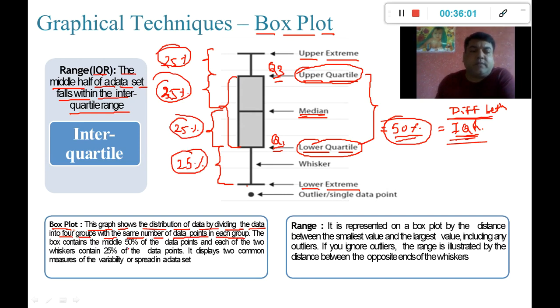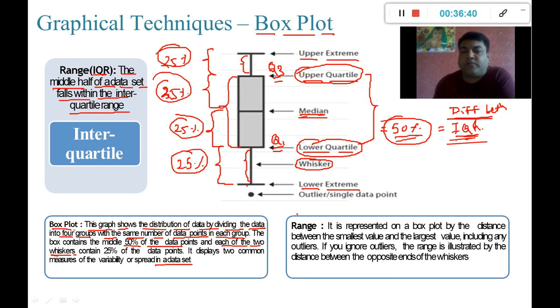The box contains the middle 50% of the data, and each of the 2 lines is called a whisker. The line connecting the lower extreme to the lower quartile is a whisker and contains 25%, and the other whisker also contains 25%. It displays 2 common measures of variability or spread in the data set. That is why the box plot is very important.